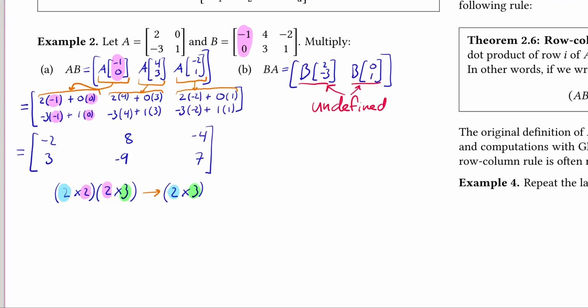Here with BA, we're doing 2 by 3 because that's the size of B, and trying to multiply that by a 2 by 2 matrix, and we have this mismatch here with a 3 and 2.